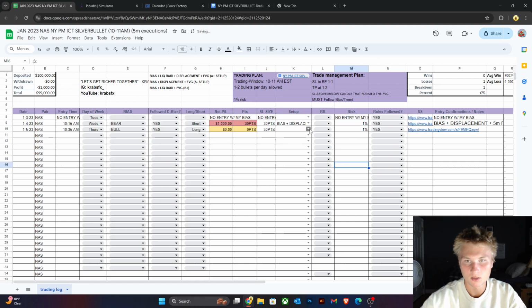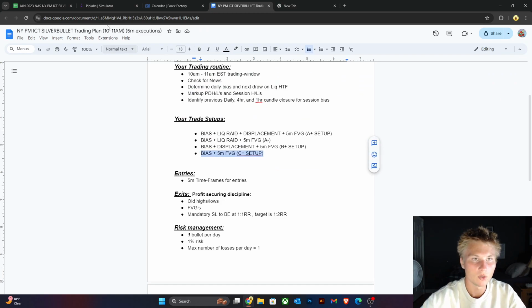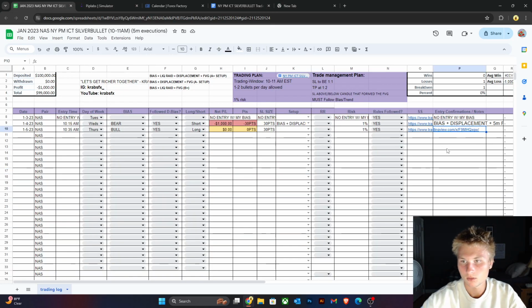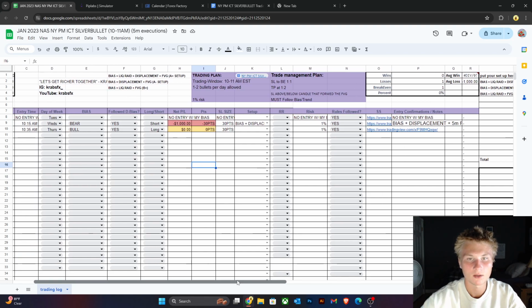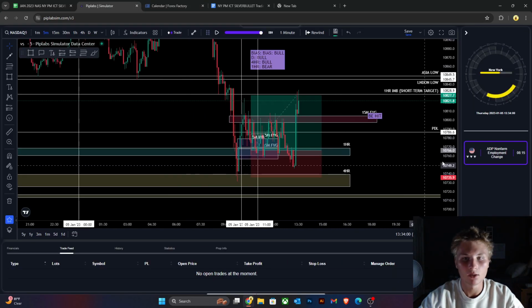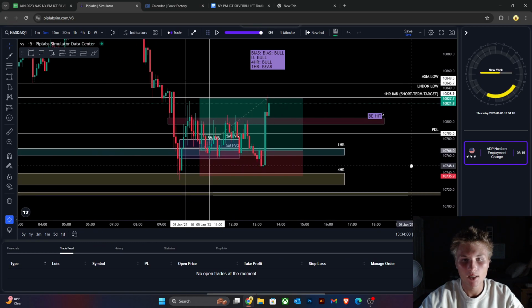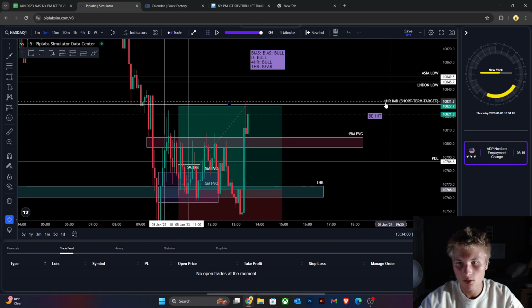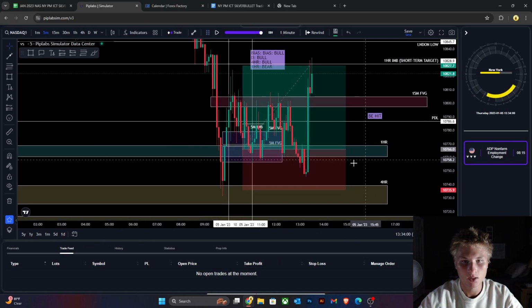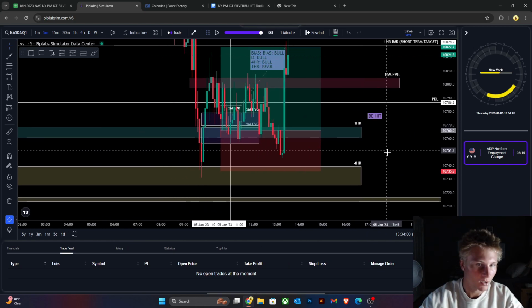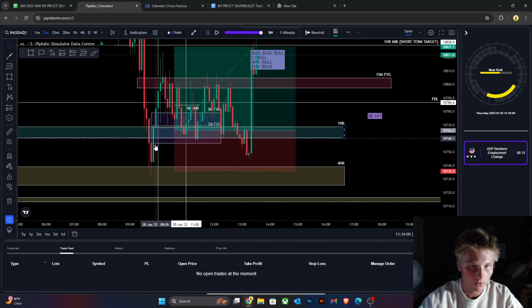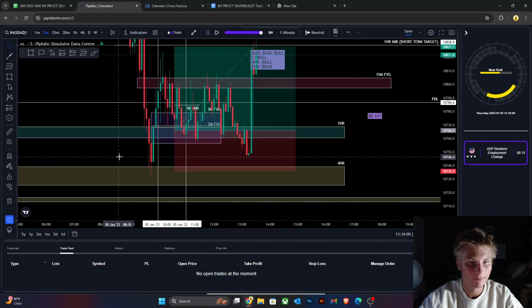But just by the start of this data, it's going pretty well. Well, not pretty well as in results, but I mean it's going pretty well as in seeing my bias play out, seeing my target get hit right here, seeing my entry be pretty valid, seeing my stop loss placement be good below fair value gap candles.